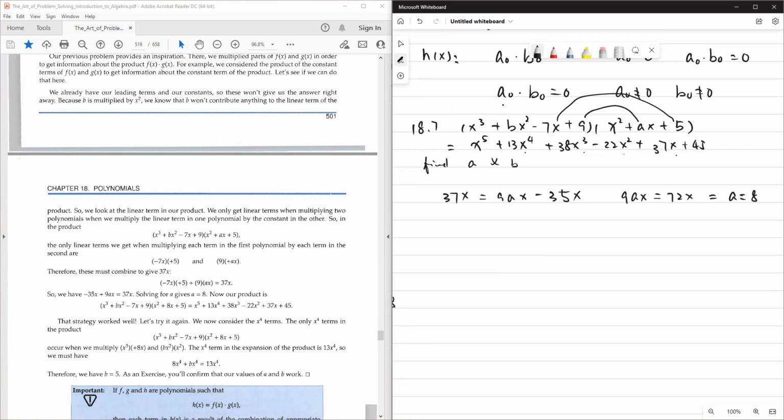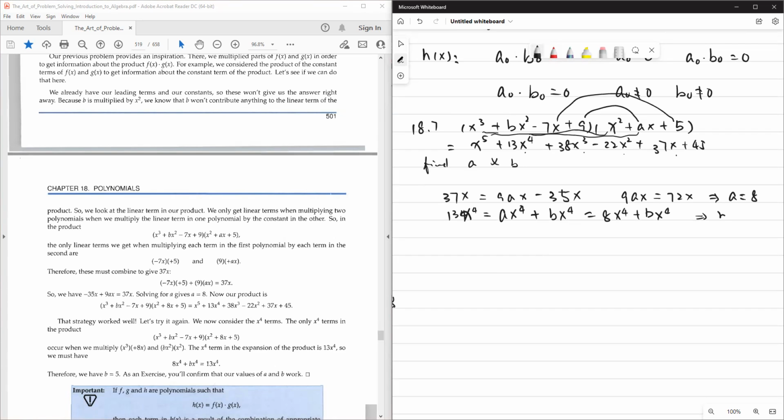Okay. All right, so then we go to the next one. We go to the fourth power. So we have 13x fourth. X fourth are these two. This gives me x fourth, and this gives me x fourth. Right. So we have ax fourth plus bx fourth equals 13. I already know a is 8, so I have 8x fourth plus bx fourth equals 13.